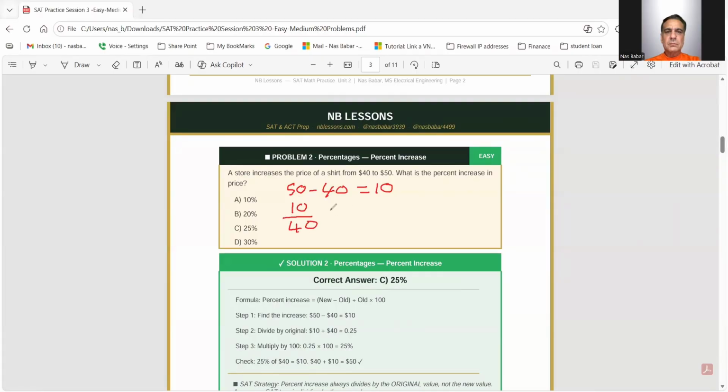So that is equal to 0.25. If you want to find the percentage, you multiply this by 100, and then the answer is going to be 25%. Not rocket science, easy problem. Just remember how I did it. Okay, so then this C is the answer. Let's go ahead and clear the board and move on to the next problem.